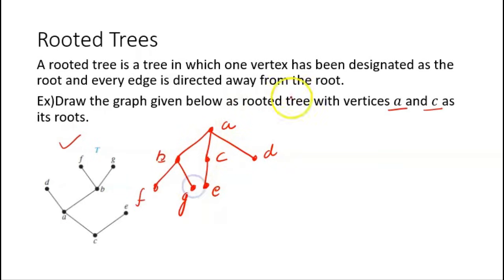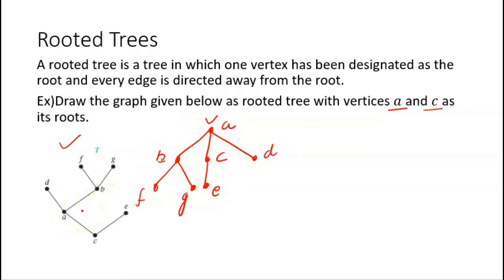That is what the definition suggests, that every edge is directed away from the root. So the root is A, and we are drawing the vertices in such a way that the edges are directed away from the root. And finally we have D, right? So this is the rooted tree representation of this graph.